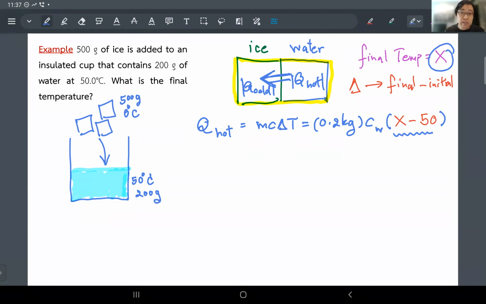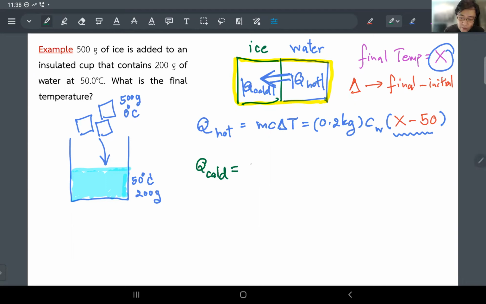Now, let's do this on the cold side. Q cold. So what happened to the Q cold? The ice. All right, so what you're aiming for is, of course, the ice starting from 0 degrees Celsius as a solid phase. Eventually, you're going to reach X. So first thing first, it has to melt, right? Before it can reach the water at X degrees Celsius, it has to melt.